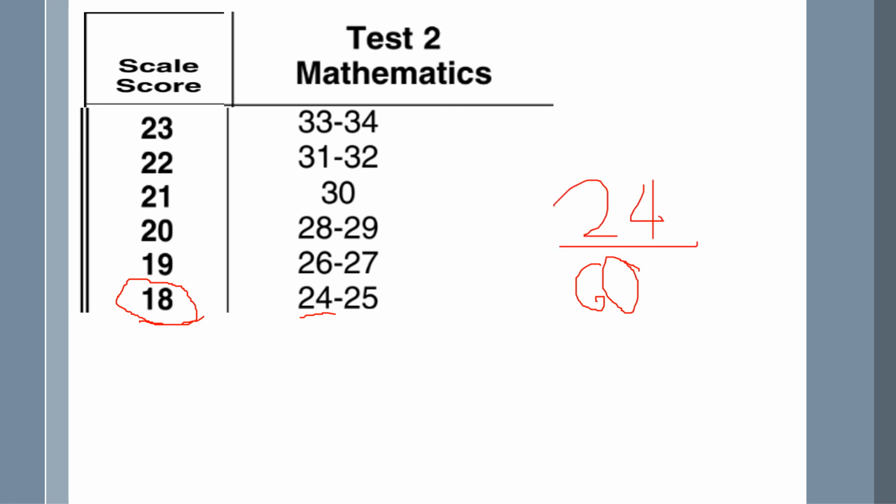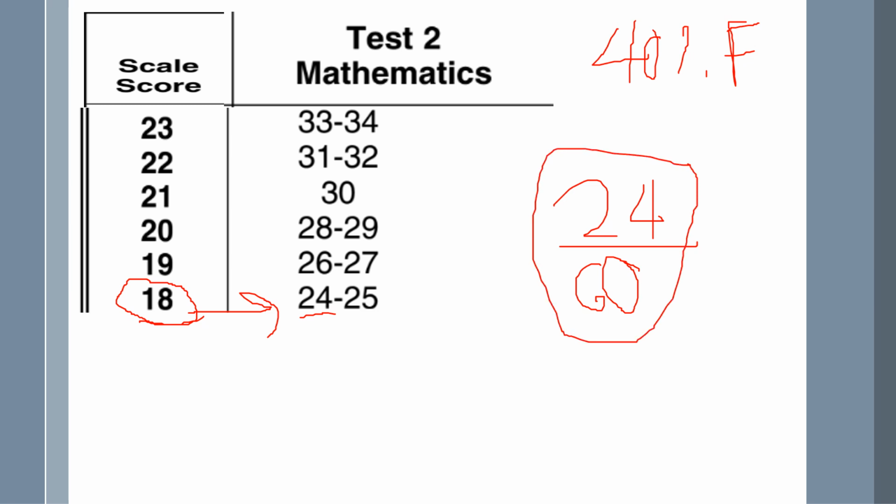So let's find out what percentage that is, in case you have forgotten. 24 divided by 60, that's 40%. And we know 40% is obviously an F. The United States of America is asking you to score at least a 40% F. Again, a 40% F is the score you need for the ACT.